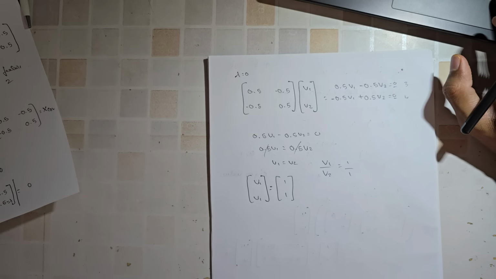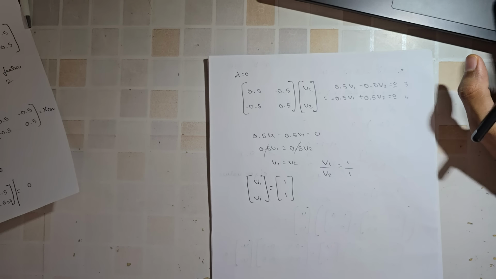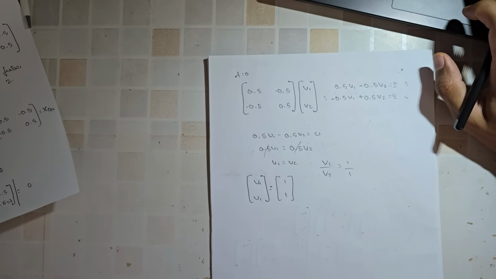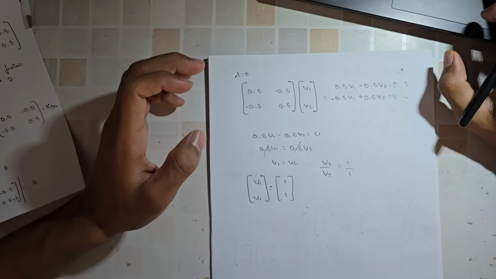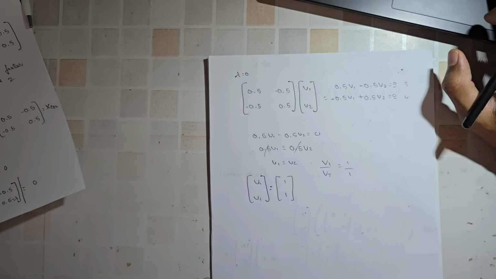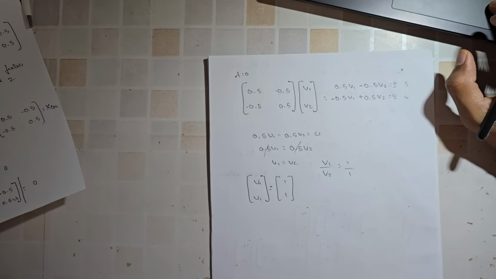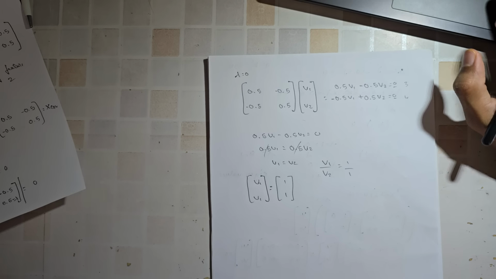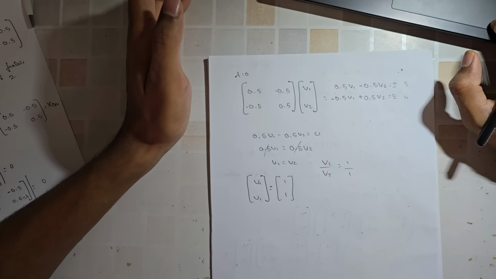Now you have to do normalization of eigenvectors. If they have asked in the question, you do normalization. But if they have not asked for normalization, then no need to do, but still we have to check all the possible things.